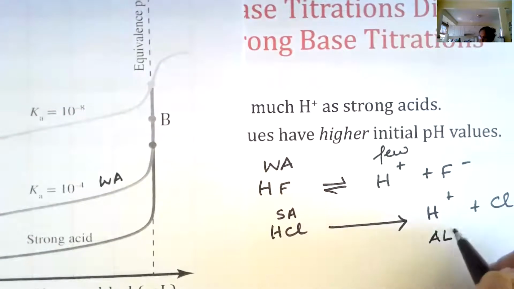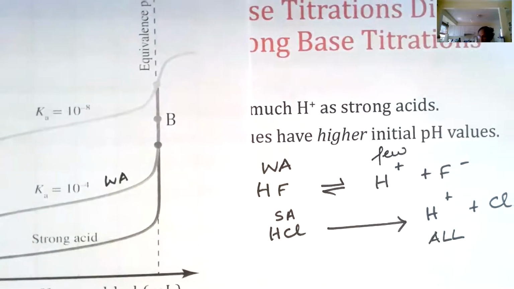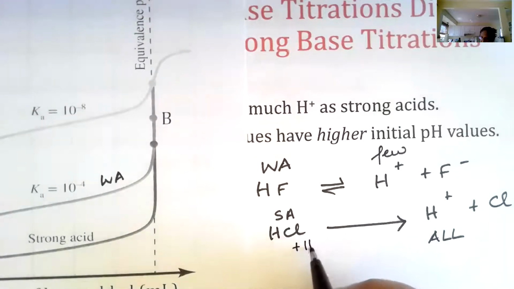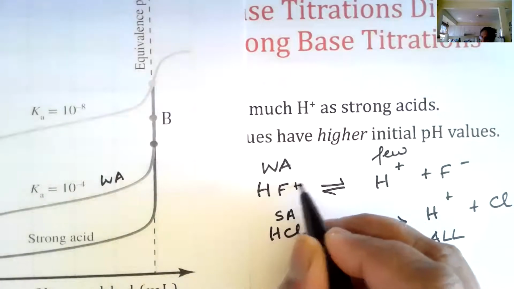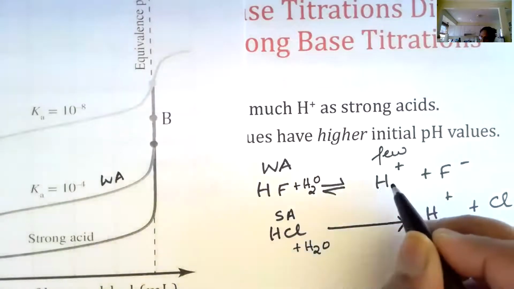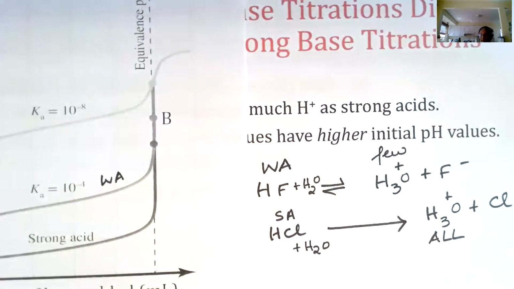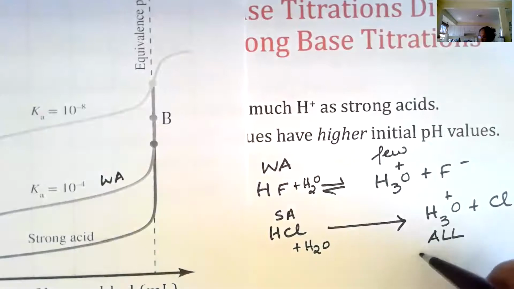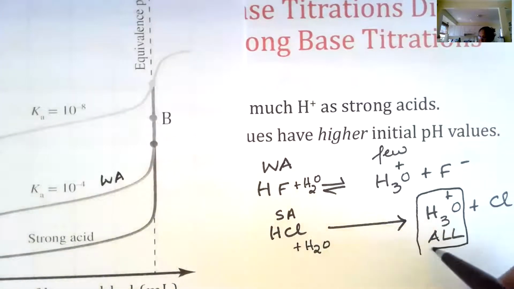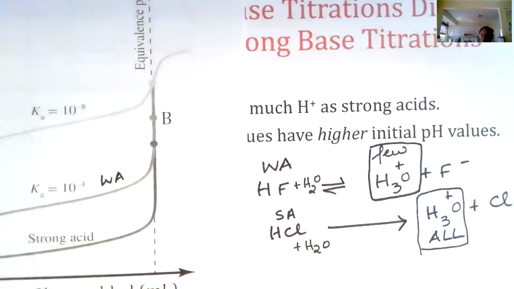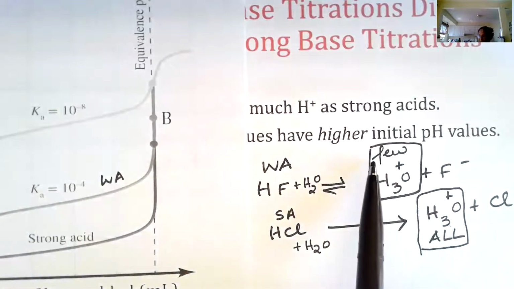Here, it gives it all that it has. So H3O plus concentration, I'm going to put that with water so you see that it is actually H3O plus. We try to make it simple. So you're going to have all of the HCl converted to H3O plus. In the case of the weak acid, only a few of those go into solution as ions. So you have less here.